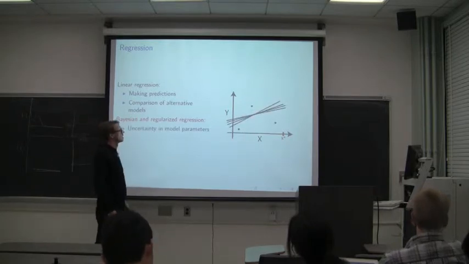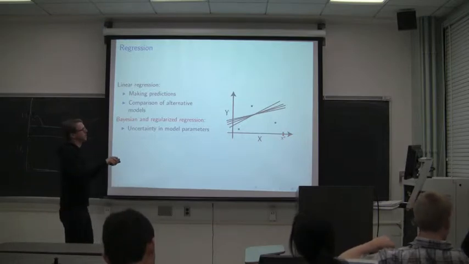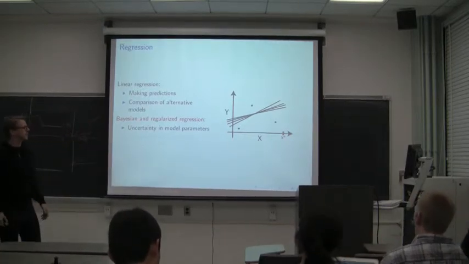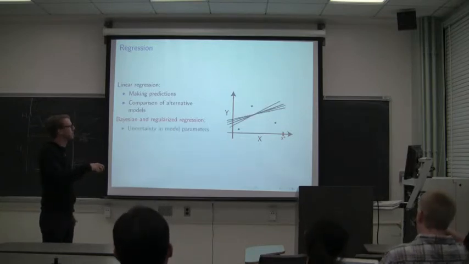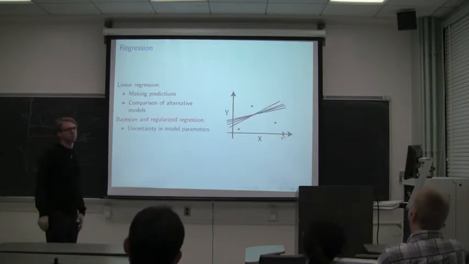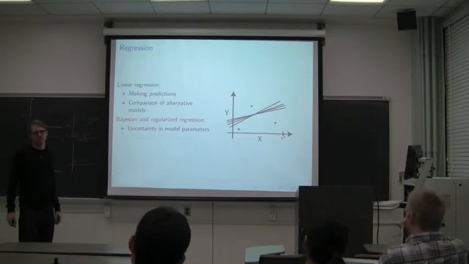Those are ways of accounting for the fact that there's some uncertainty in the regression function. Say this is the true regression function that generated the data; if you want to estimate it, there are a lot of regression functions that give you a very similar fit.